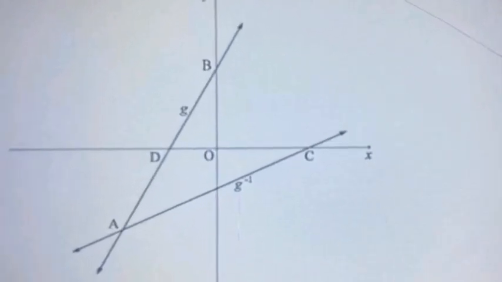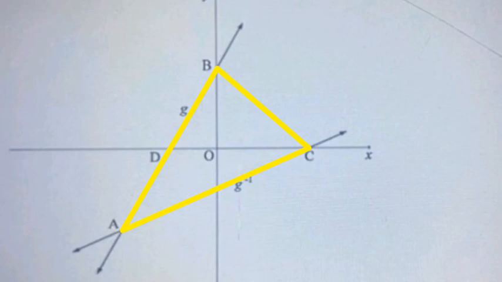Triangle A, B, and then C. So which means it's going to be that. So you are going to use what we call the area rule. You know the distance of this one here. It's actually 6 square root of 5.